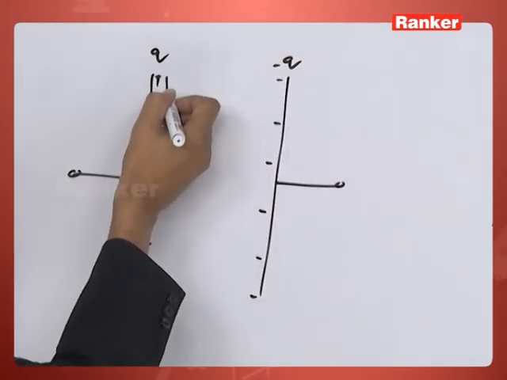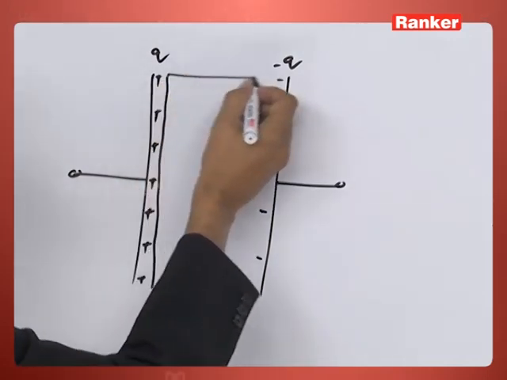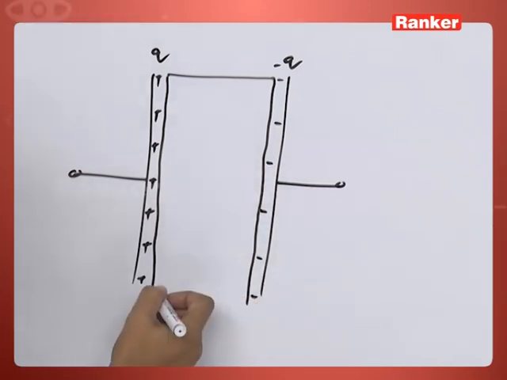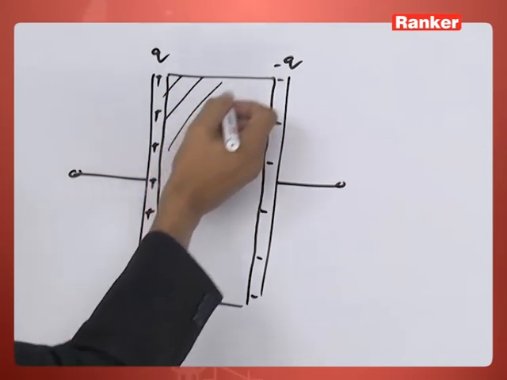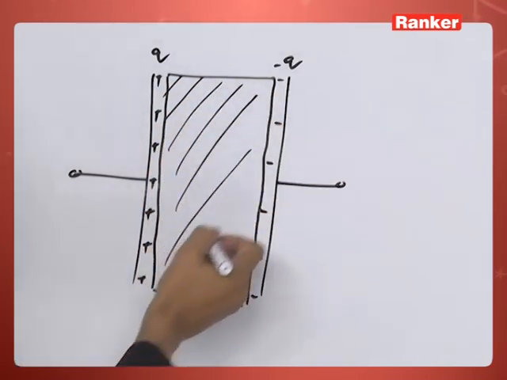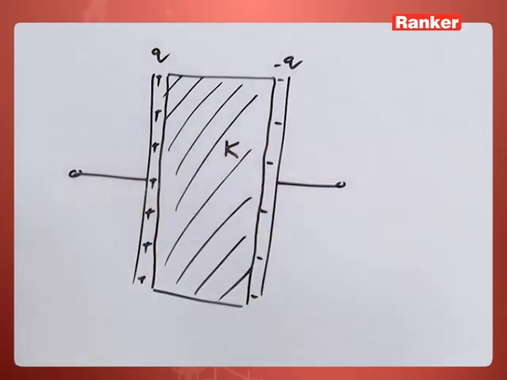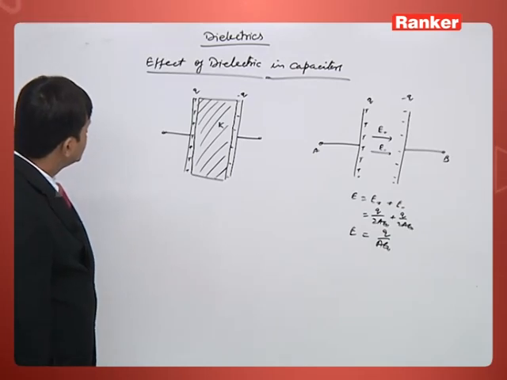But now a dielectric slab of almost the same dimension as the gap between the plates is placed between the plates. This is the dielectric slab, and it has dielectric constant K. Then what will happen here?